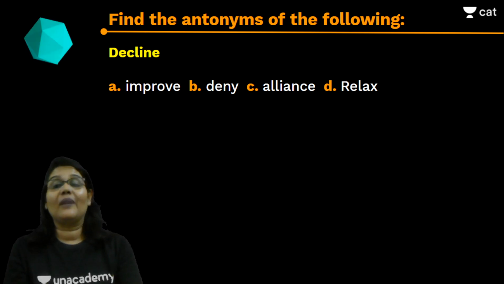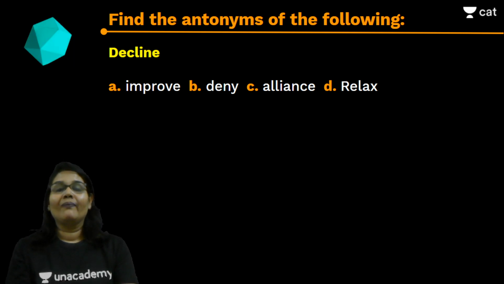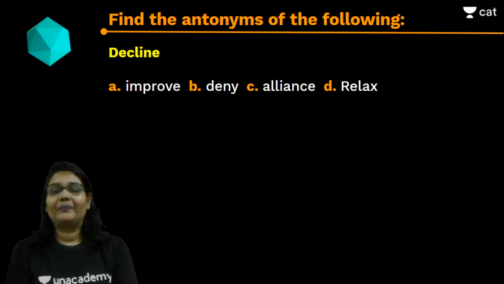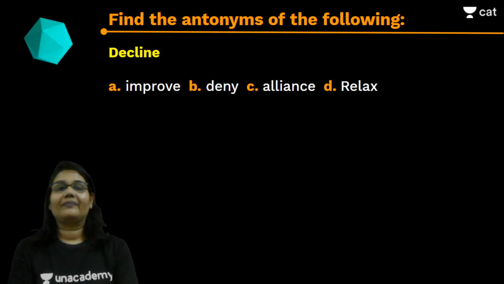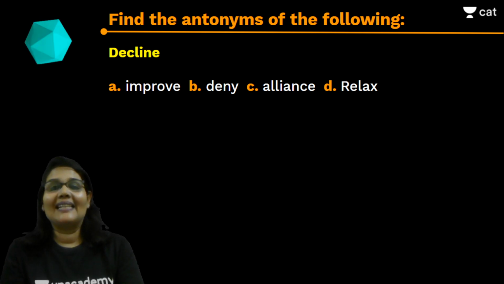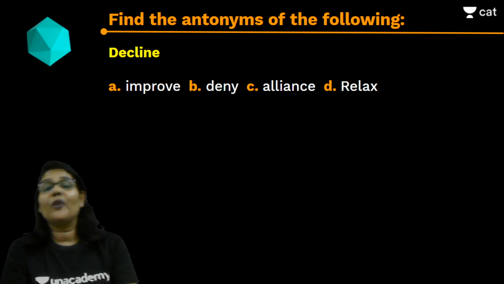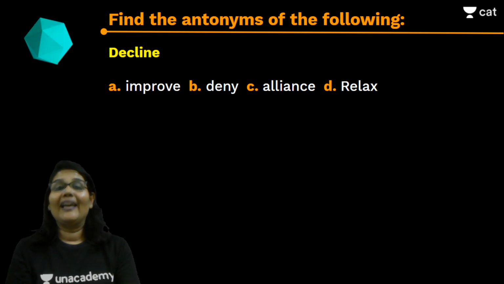Let's look at the first word, decline. Now you know there is a root word here also. So quickly, we are running out of time. So I'll just give you 10 seconds and I want all the answers coming in. Fast guys. Okay guys, I'll start discussing it. So decline means to refuse, right? What would be the opposite? To improve.